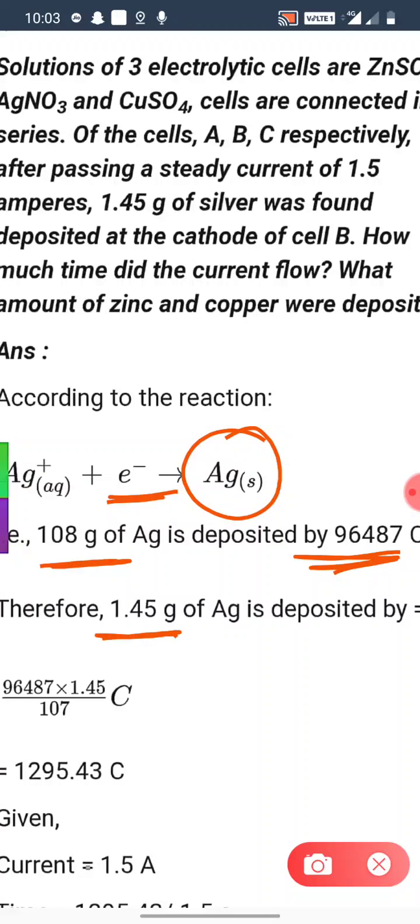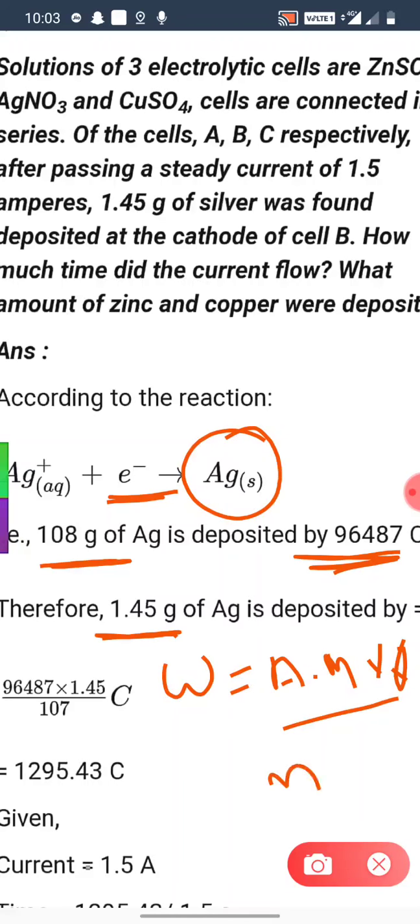Again recall the same formula: the weight of any substance deposited is equal to the atomic mass into charge upon n factor into Faraday.